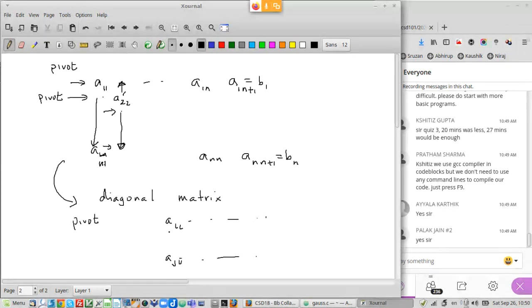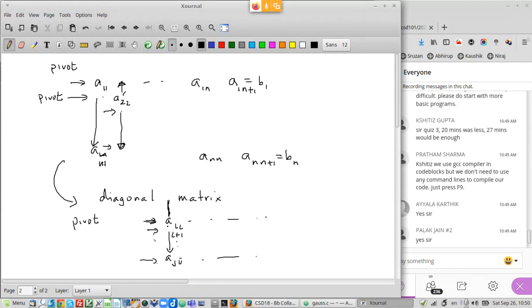You are zeroing out from here to here. If you are starting in this row, then your elimination row starts from the next row, going from i plus 1 up to the last row. For Gauss-Jordan, you also have to zero out things above it.